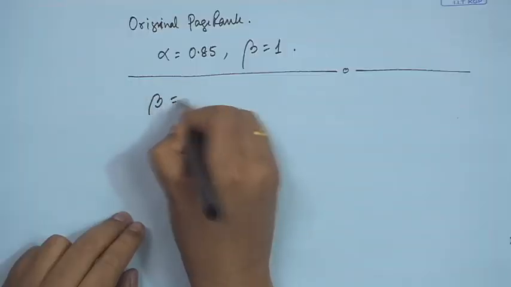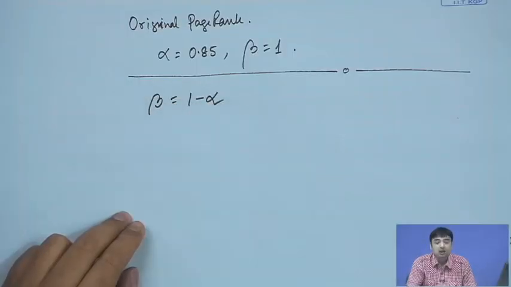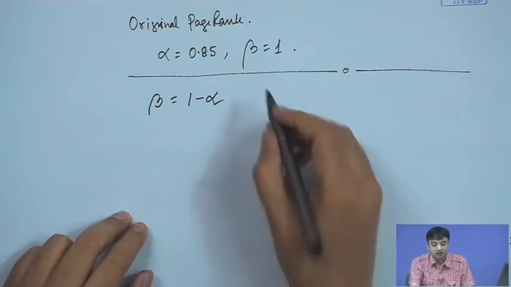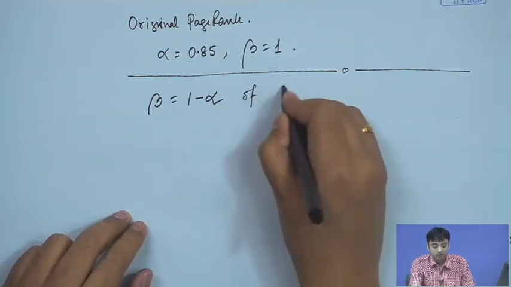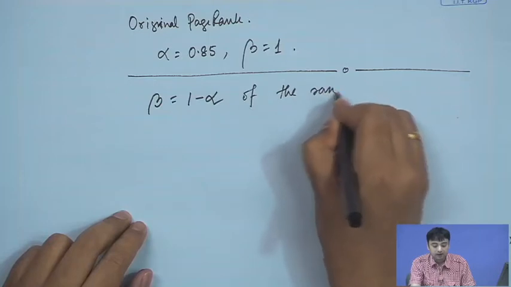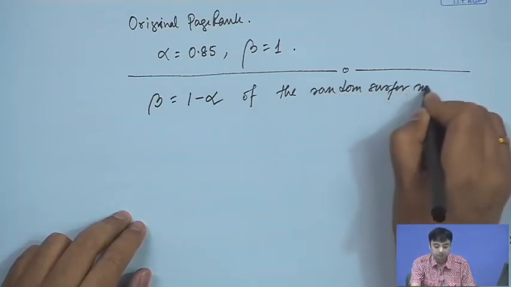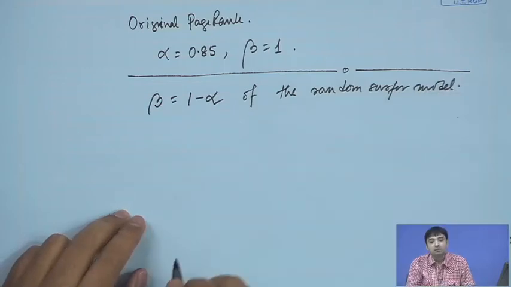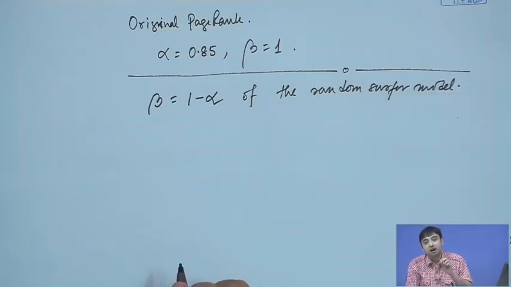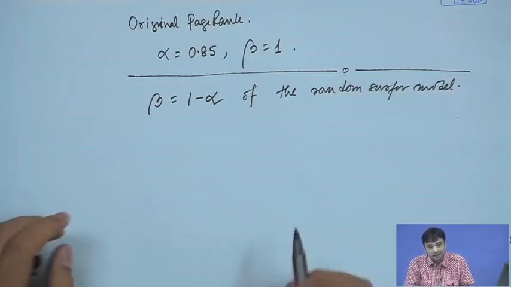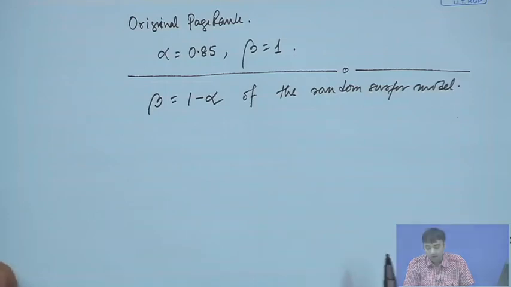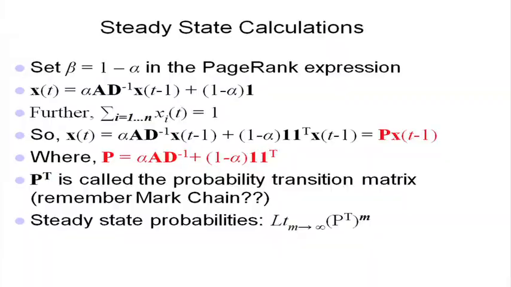So basically here beta is nothing but equal to 1 minus alpha in the random surfer model, okay. So my beta is the probability of staying in that particular node, because that is my inherent centrality, and that in this random surfer model is set to 1 minus alpha. The other part remains as alpha.